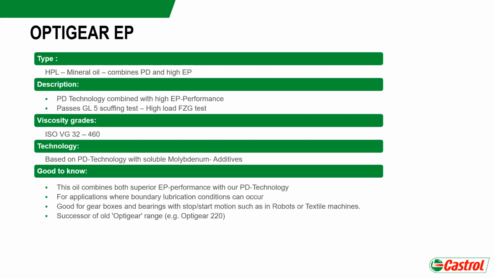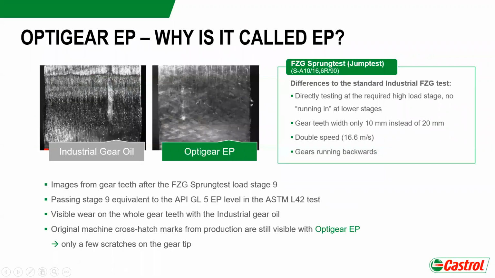To highlight the load carrying on the next slide, we see the FZG Sprung test or jump test. This relates to the automotive GL5. It's different if you look at the attributes there on the right hand side of the test. It's different to standard industrial FZG load carrying tests in that it's directly run at high loads, no running in.